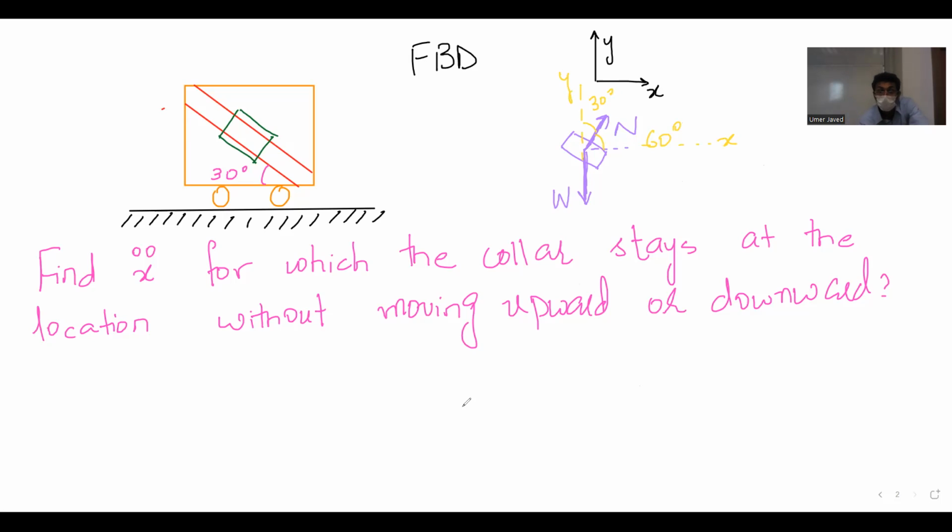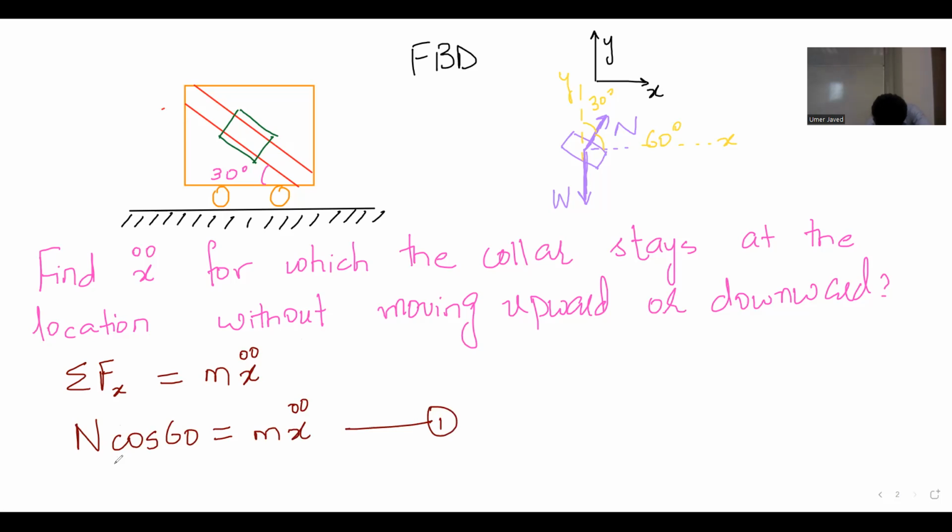So I will try to answer his question. Summation of forces in the x direction is mx double dot for this collar, right? And we will get N cosine 60 equal to mx double dot. Let me call this my equation 1. And then summation of forces in the y direction.